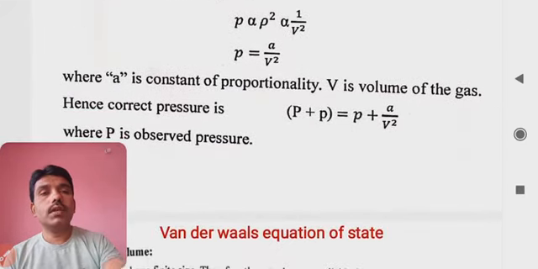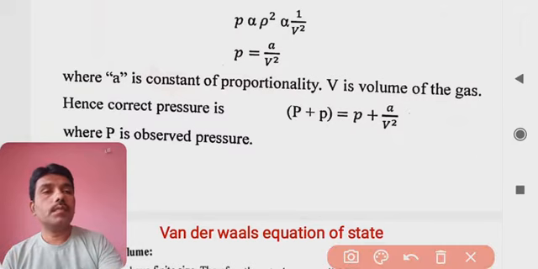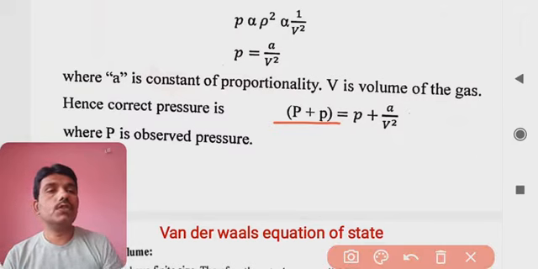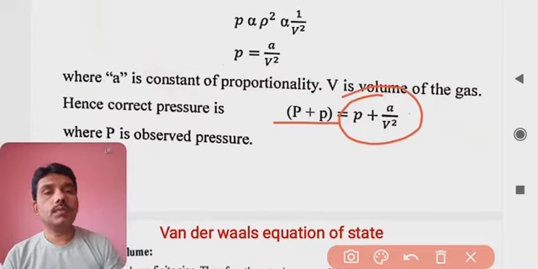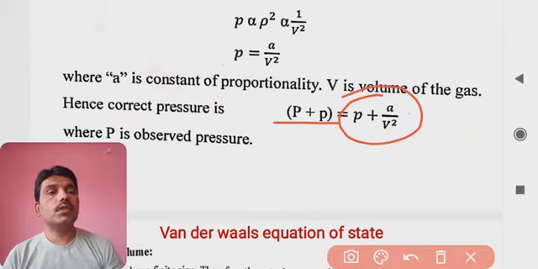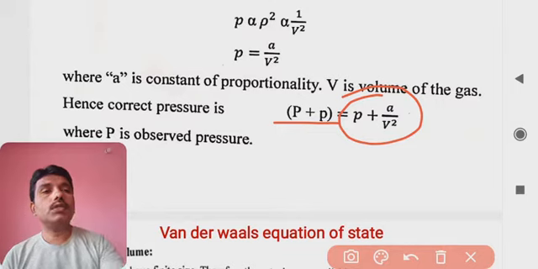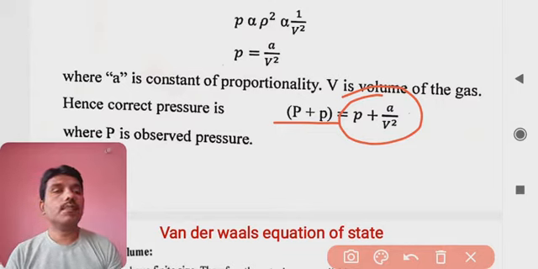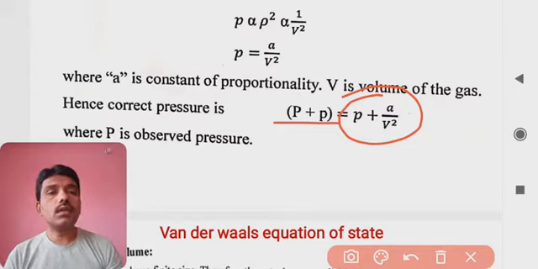Hence the corrected pressure will be capital P plus small p, that is the correction, equal to P plus A upon V squared. So P is the observed pressure and small p is the correction, A upon V squared. So this is the correction in the pressure, simply giving us the value of A upon V squared.